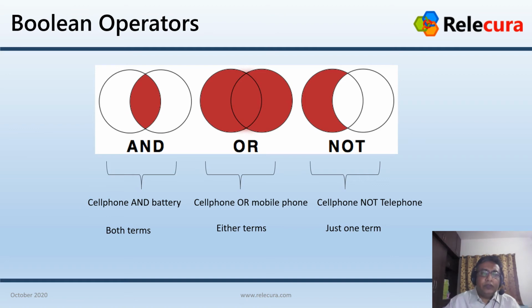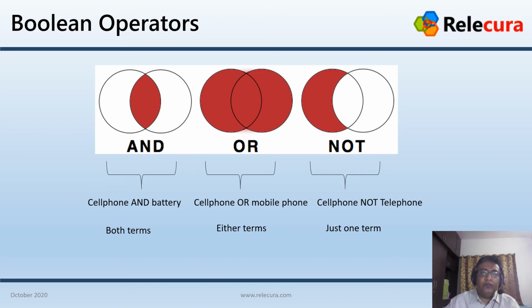So the first Boolean operator is AND, where you can see here we have given the example of cell phone and battery. Whenever we use AND, both the terms will be included.